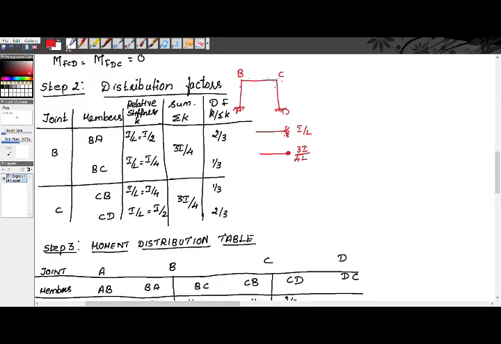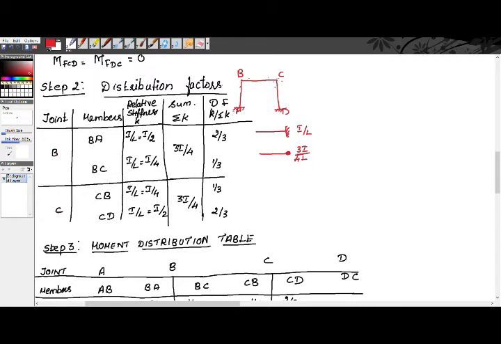So for BC it is I by L, so I by 4. Similarly for joint C, for CB it is I by L, and for CD also it is I by L, because everywhere we have to consider it as fixed support. Then we take the summation of K. So I by 2 plus I by 4 we get 3I by 4. Here also I by 4 plus I by 2 we get 3I by 4.